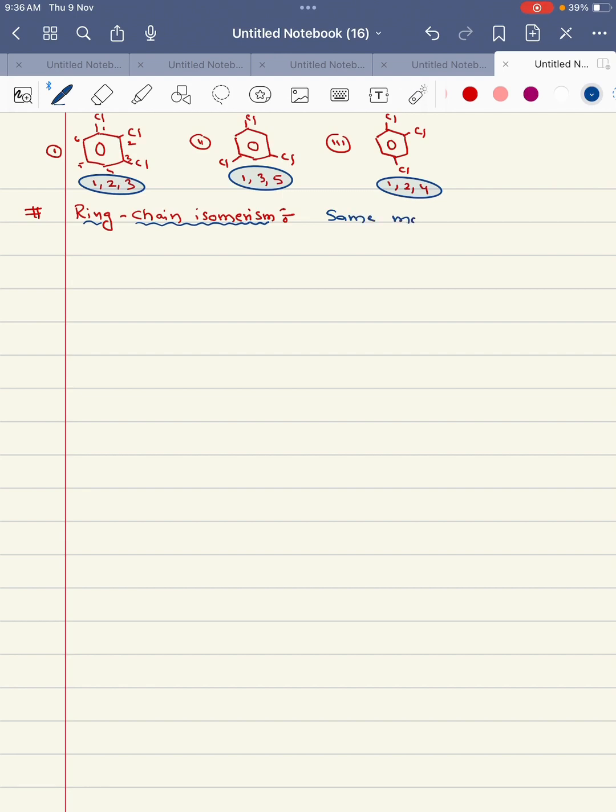Same molecular formula. It means that compounds have the same molecular formula, but a different mode of linkage.